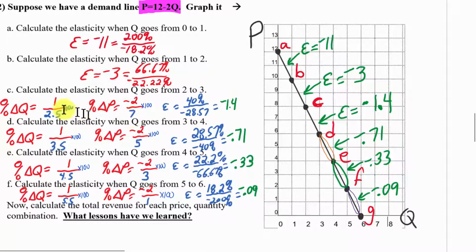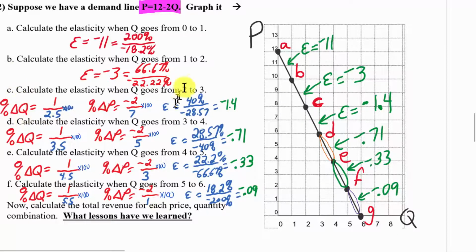But what's changing are the percentages, right? Those midpoint values that go on the bottom. The average quantity goes from 2.5 to 3.5 to 4.5 to 5.5. So that's becoming a smaller and smaller percentage change in quantity. And what's happening to the percentage change in price? Well, we still have that minus 2 everywhere on the numerator, but in the denominator, we see the midpoint of the price is going down as we go down this line, from 7 to 5 to 3 to 1.